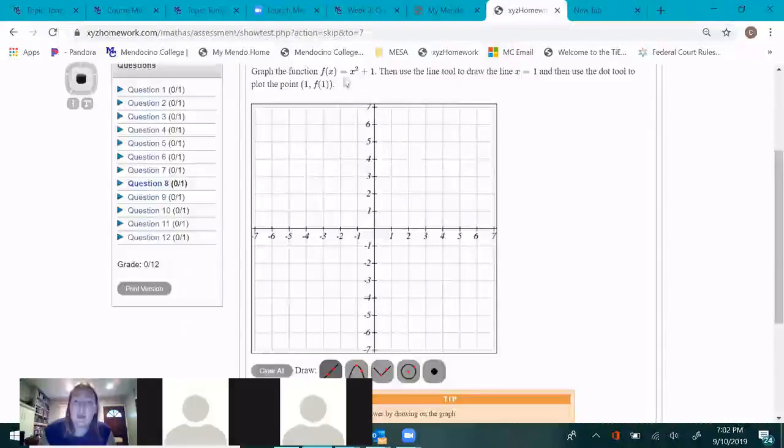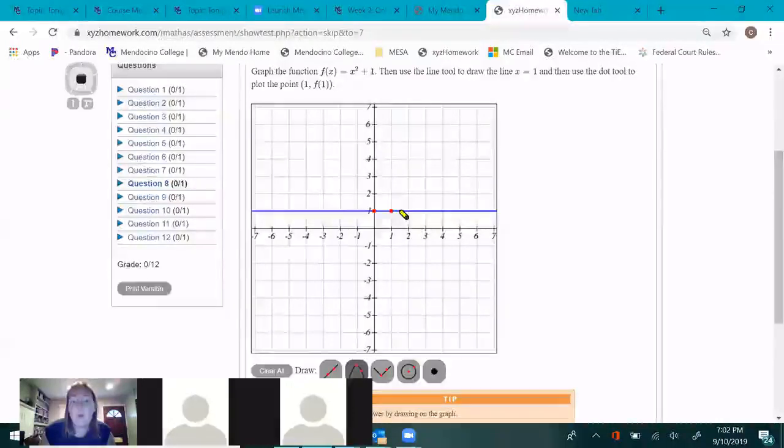So basically, if you want to plot this and you're not familiar with parabolas, you can plug in some x's, like if x is 0, and just make sure you realize it's a parabola, or if you don't realize it's a parabola and you start making yourself a t-table to graph it, you'll realize it doesn't make a line. So this is a parabola that if you plug in 0, 0 squared is 0 plus 1, so it's 1.